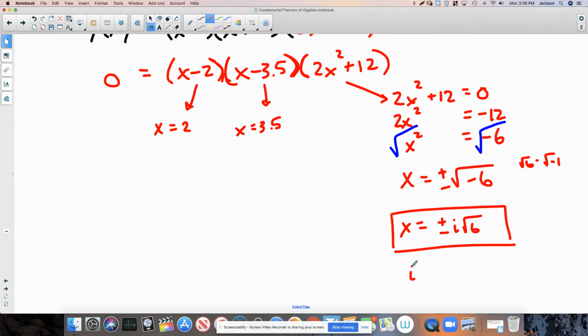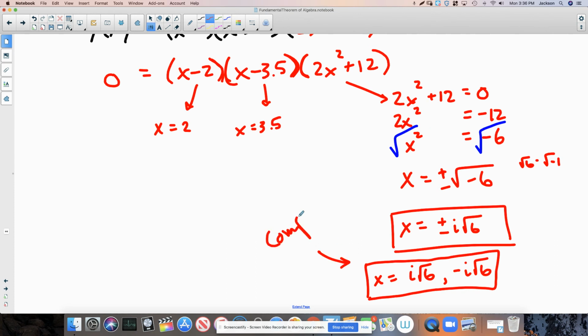One of them is positive i radical 6, and the other one is negative i radical 6. So these are the other two zeros that we were missing from the beginning. And these are complex zeros. Even more in detail, they are complex conjugates.